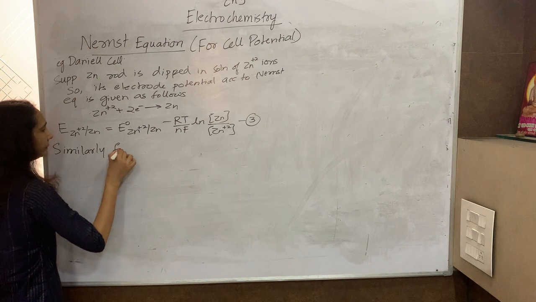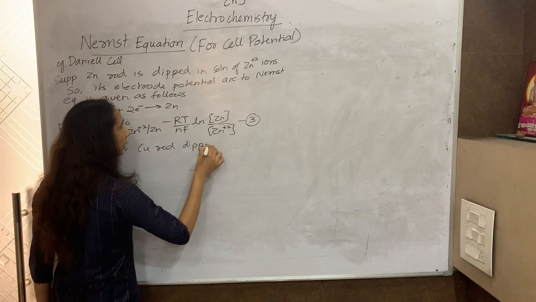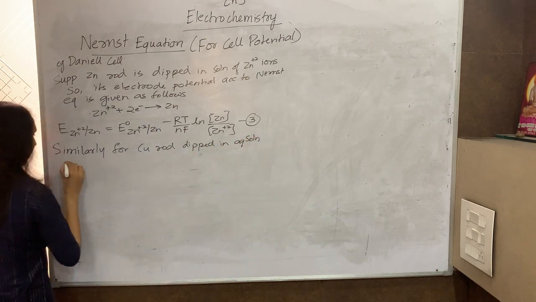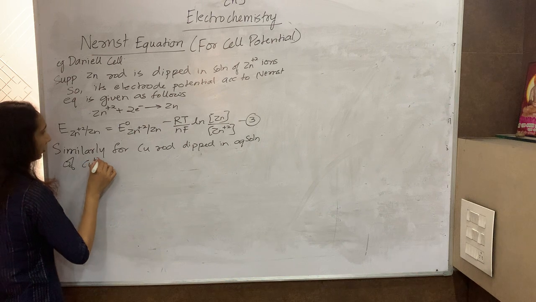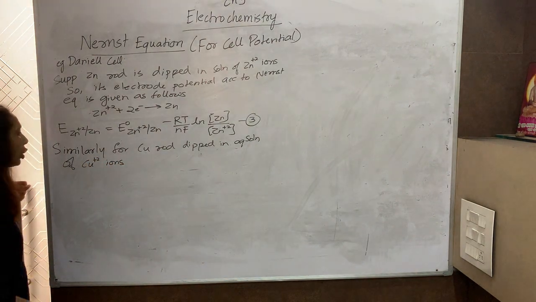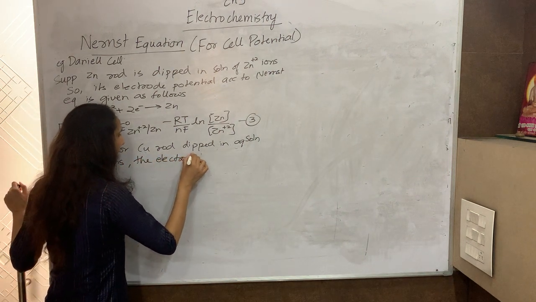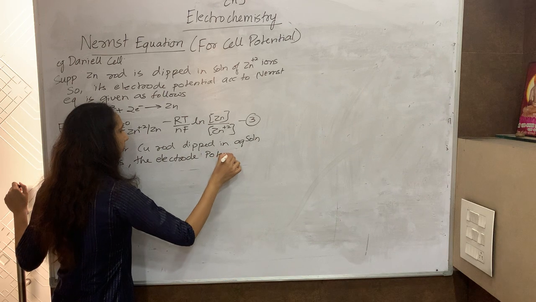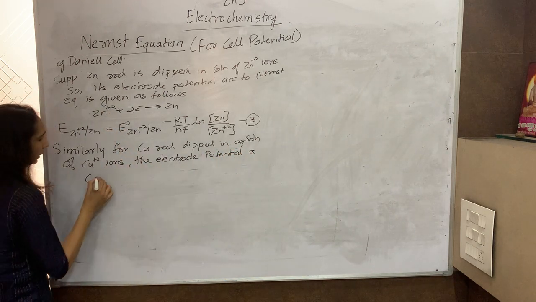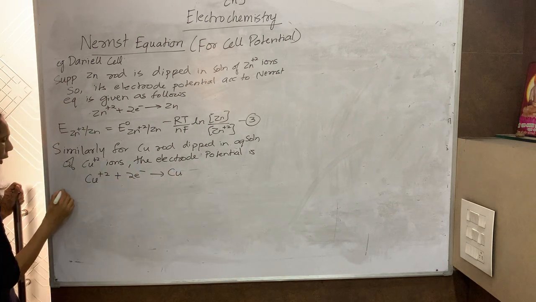Similarly, for copper rod dipped in aqueous solution of copper ions, the electrode potential according to Nernst equation is, I consider copper will undergo reduction as such, and I am writing the Nernst equation.